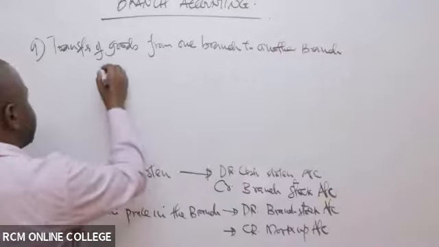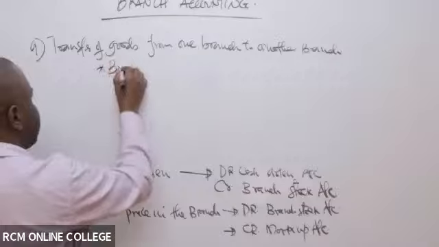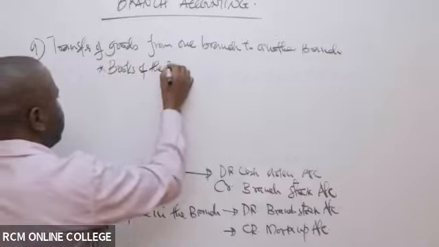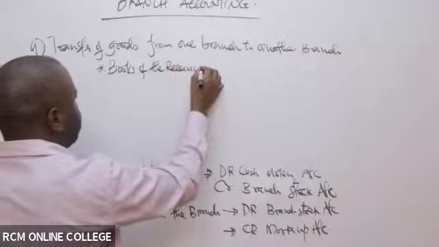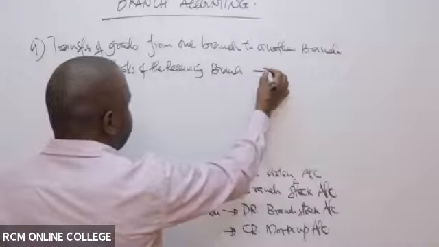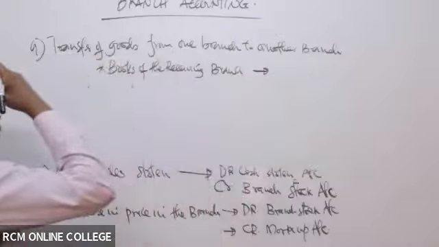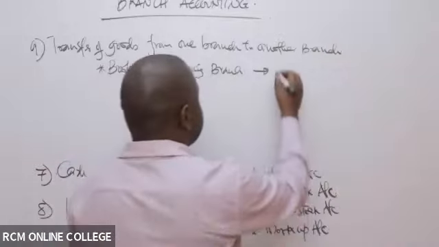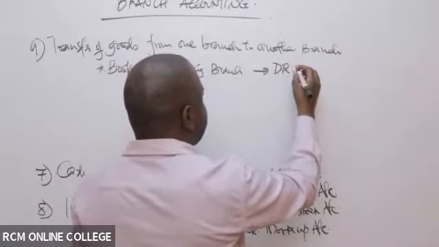So in the books of the receiving branch, what will you do? In the books of the receiving branch, the branch that is receiving these goods, you'll debit the branch stock account, because the inventory of this branch will be increasing.